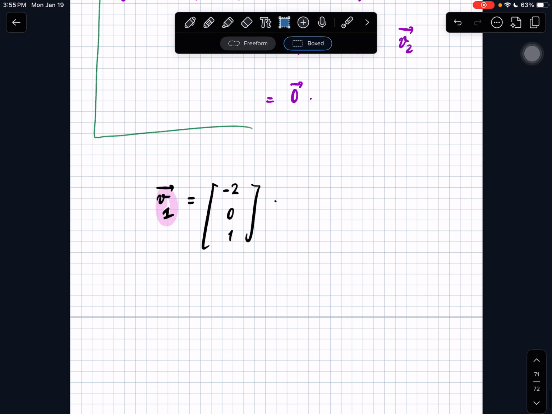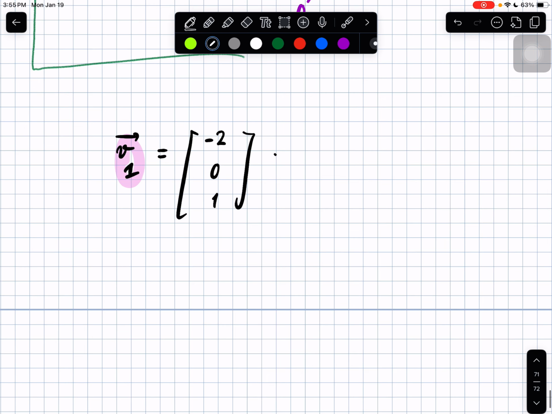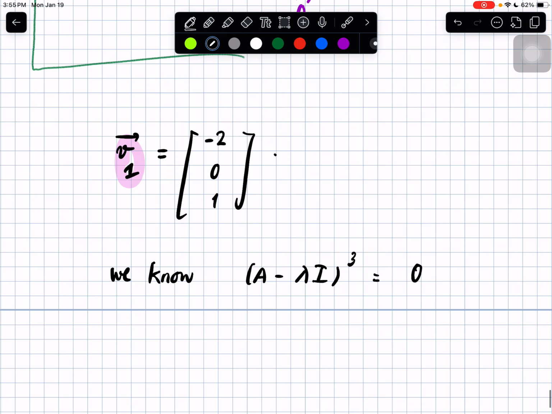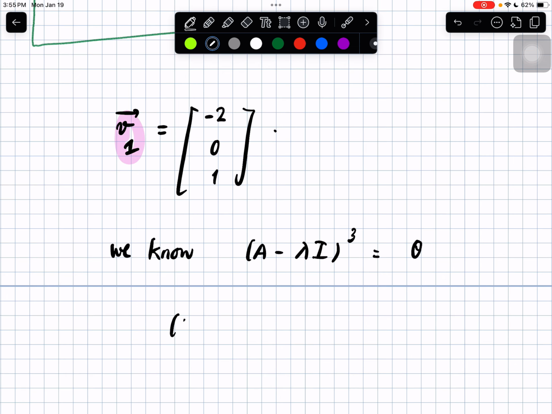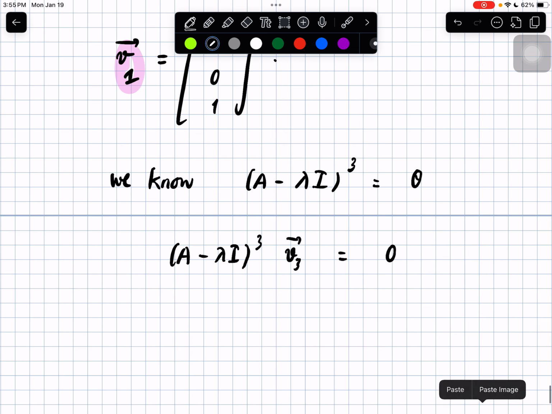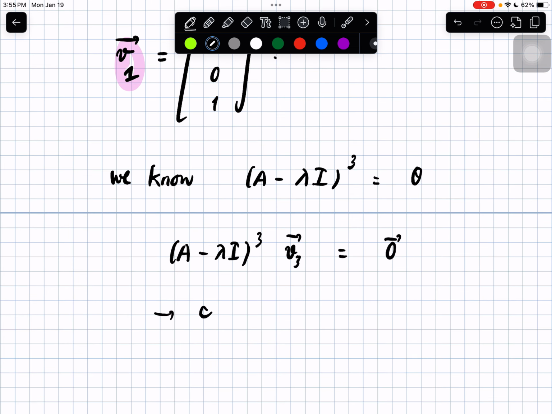In our case, A minus lambda I cubed equals the 0 matrix, so A minus lambda I cubed times v3 equals 0, and v3 can be chosen to be anything.